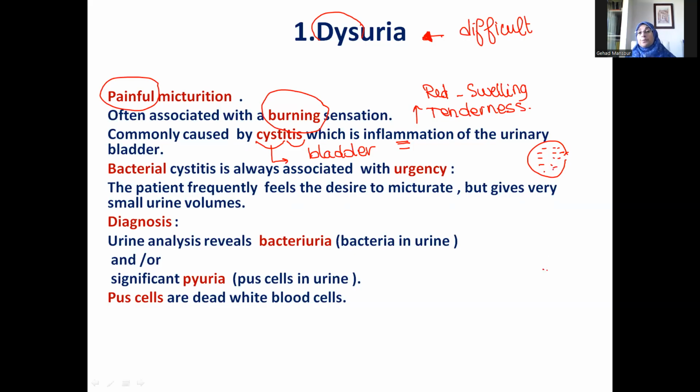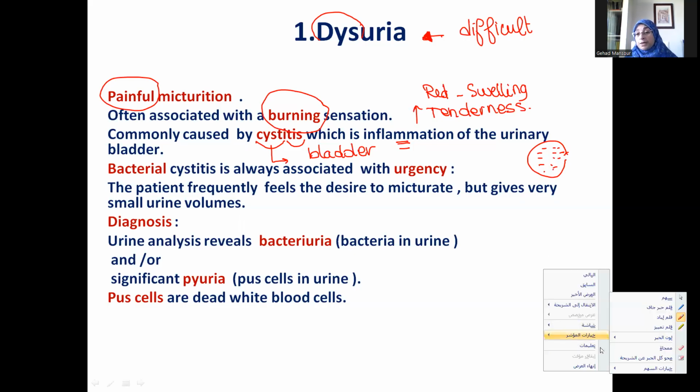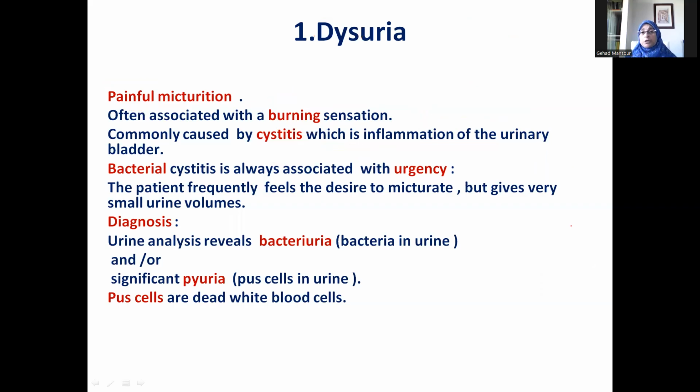So usually the patient feels a burning sensation during micturition or during urination, and usually it is associated with a very small volume of urine, although the patient has frequency. When we say frequency, this is the noun and this is the adverb.